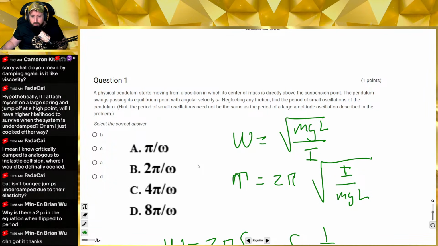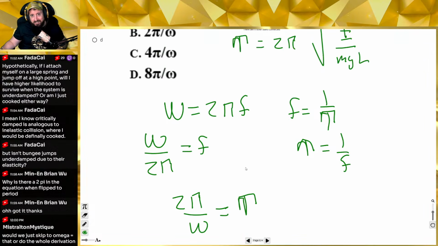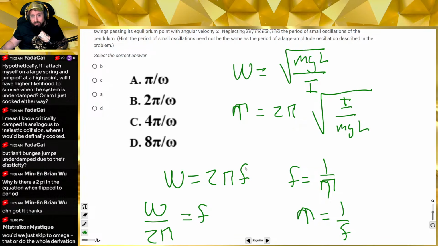Directly above the suspension point. Oh, okay. Oh, I think I see what's happening here. Sorry, I had to visualize this myself. Would we just skip to omega?